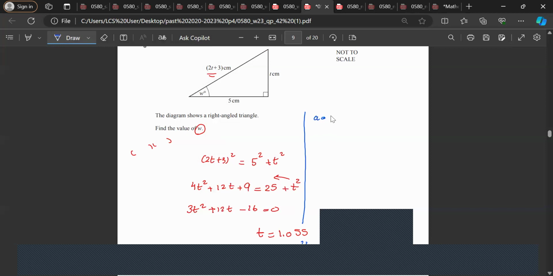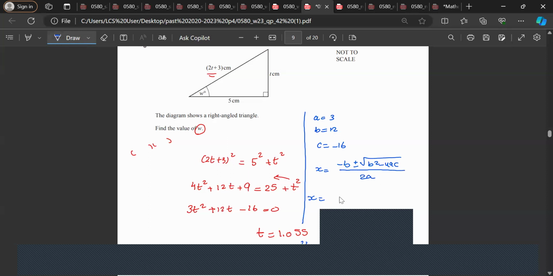So A equals 3, B equals 12, and C equals negative 16. Then x equals negative B, plus or minus the square root of B squared minus 4AC, over 2A.